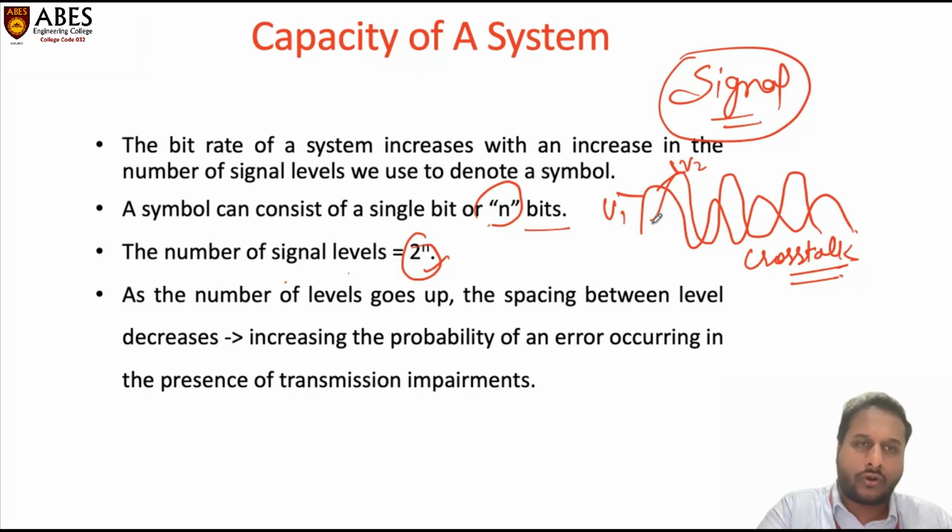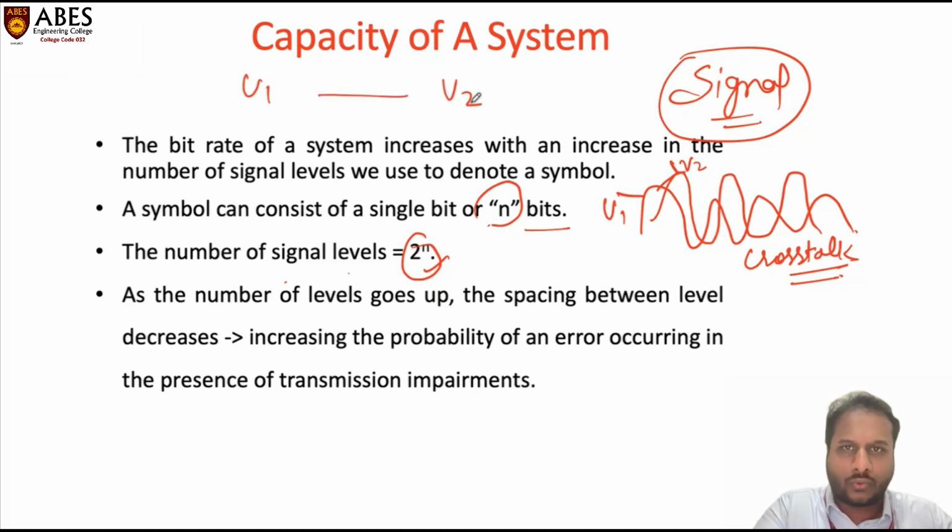Next is we can always increase the bandwidth. But suppose there is a user 1, there is a medium between them, and there is a user 2. We can increase the bandwidth of this user 1. We can increase the bandwidth of this user 2. This is for sending, this is for receiving, but this is a transmission medium.